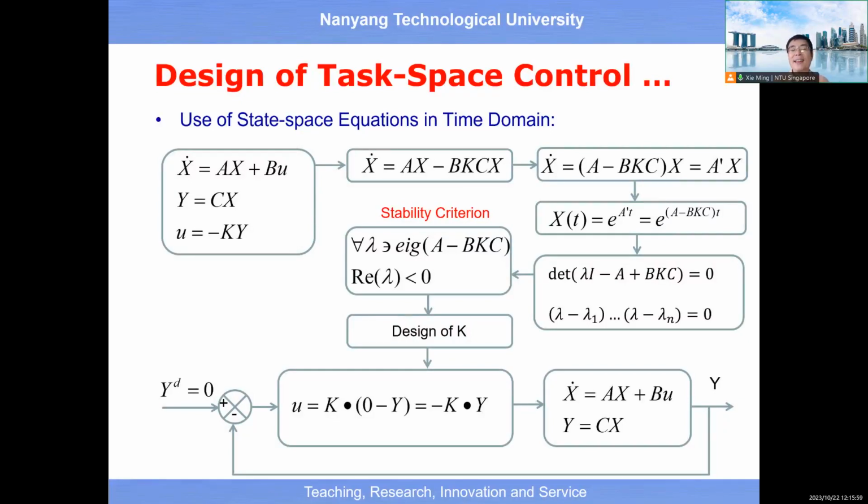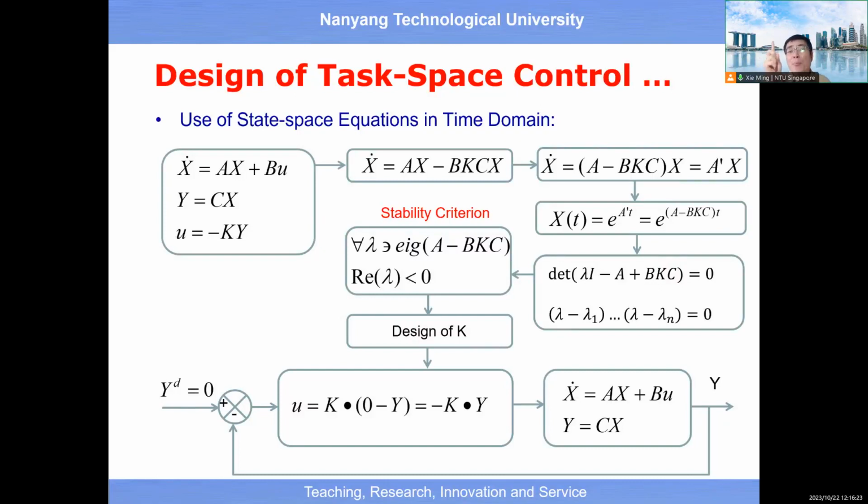Okay, then we rewrite the equation, lump all the matrices together. Then we have x dot equal to A prime x. Actually, this is a very simple equation, right? So in time domain, the solution x(t), the time function of x, equals e raised to the power A prime t.